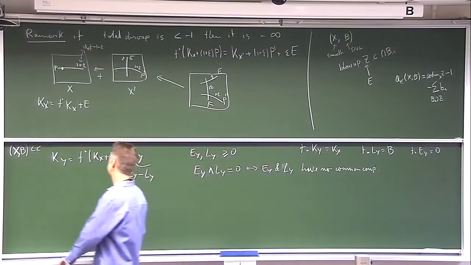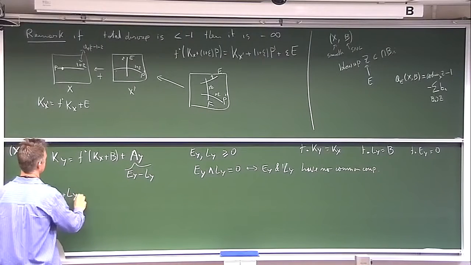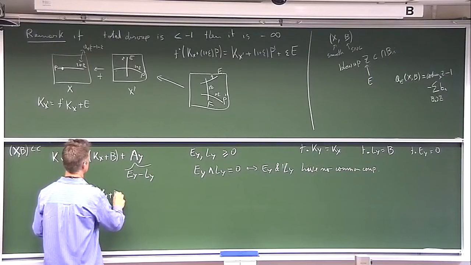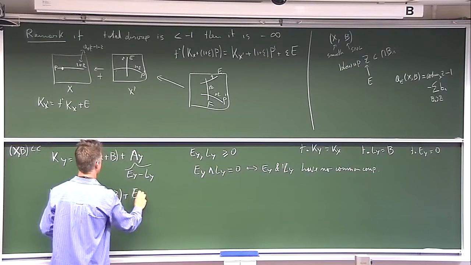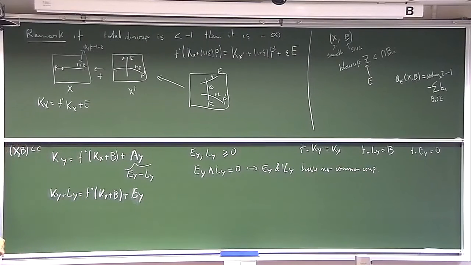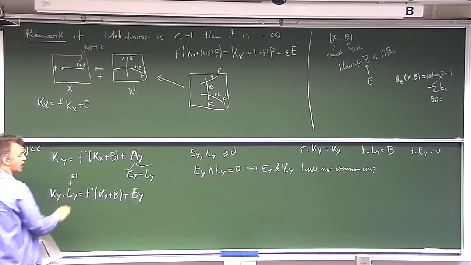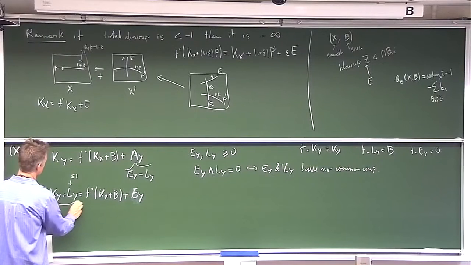So now I just simply rewrite this formula as KY plus LY is equal to the pullback of KX plus B plus EY. Now, if I started with something log canonical and I take a log resolution, the coefficients of this divisor are less than or equal to 1, and it has simple normal crossings. So this is a nice log canonical pair.